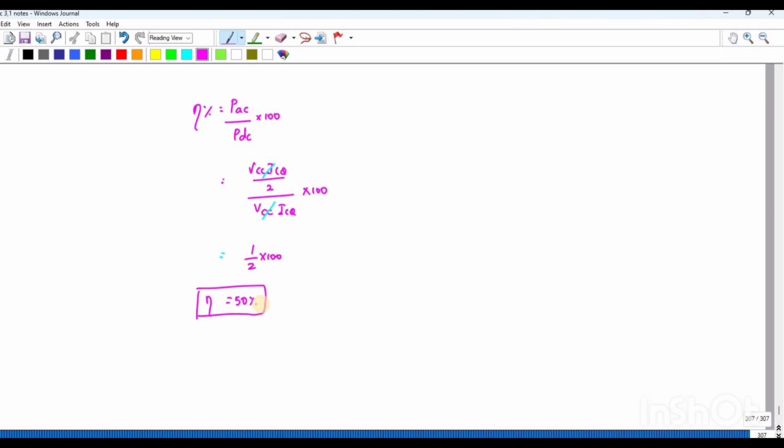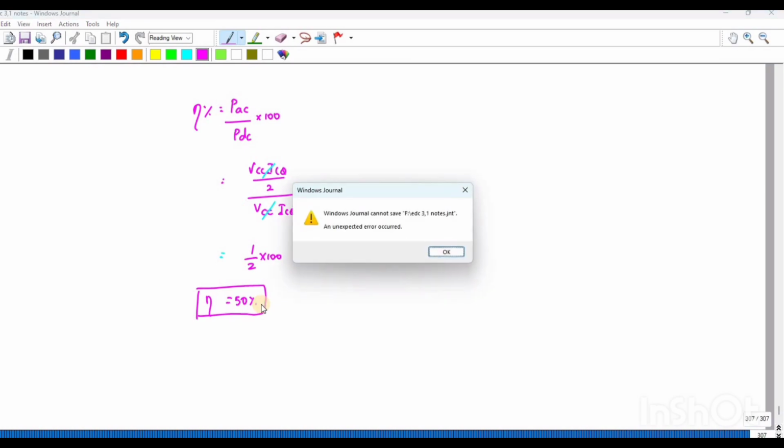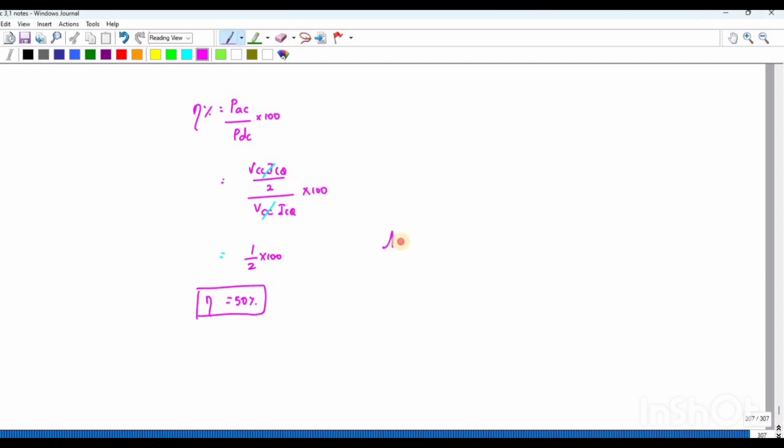So let us discuss the advantages of the transformer coupled amplifier. The first advantage is that the efficiency is improved compared to the direct coupled amplifier.